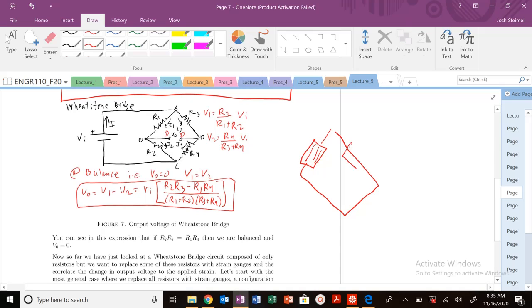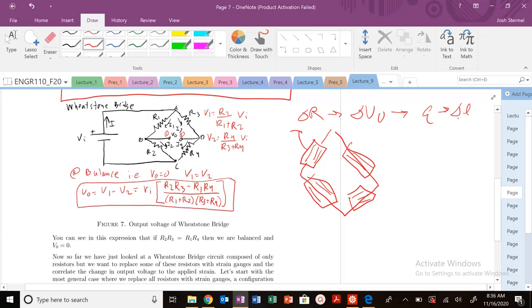So strain gauges are going to be connected through my circuit and applied to my material, so that when the material stretches, or when a mechanical load is placed, i.e. when the material is strained, we get a change in the length of these wires, which correlates to a change in resistance, and that correlates to a change in output voltage. We're going to be able to correlate that to the strain that we have applied to our material, i.e. this change in length of either our material or our wires. So that's where we're heading now.